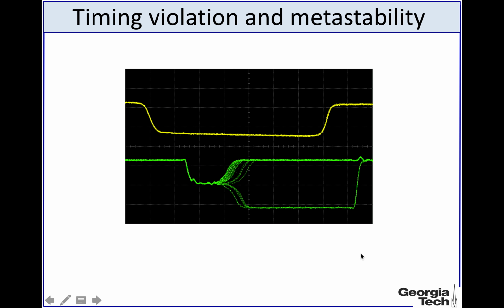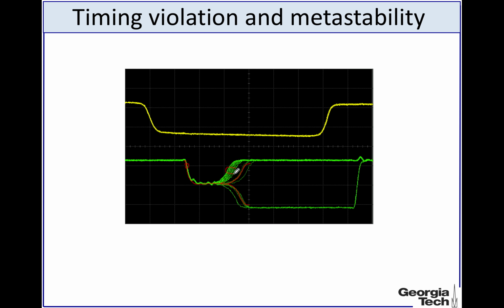Alright, so here is an example of a metastable state of a D flip-flop. Here is the oscillogram and this green signal is the output. Essentially what happens is that it went to an undetermined state for some time, and then finally it goes to a logic state 1 or logic state 0 over here.